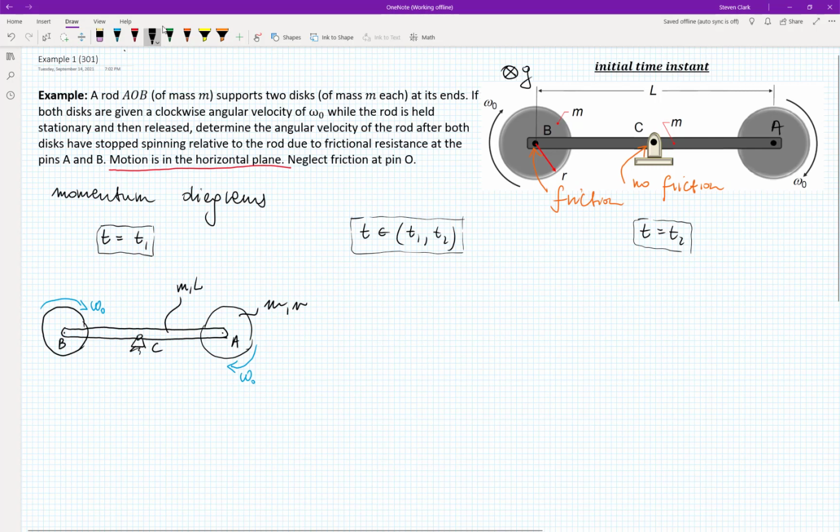So after a couple of seconds, our system will start rotating a little bit this way and this way. And after even some more time, our system will be even more tilted.